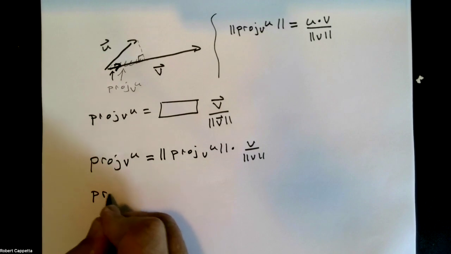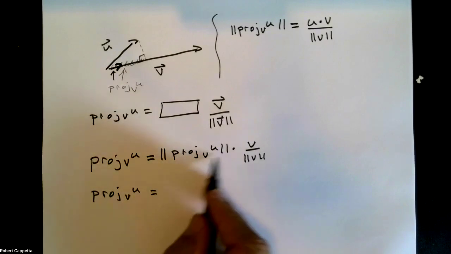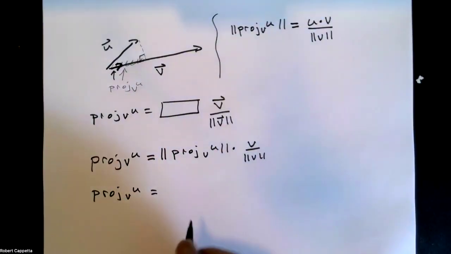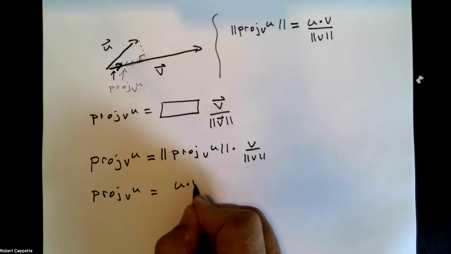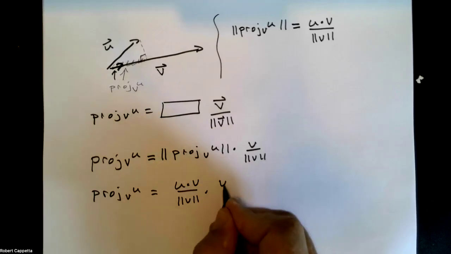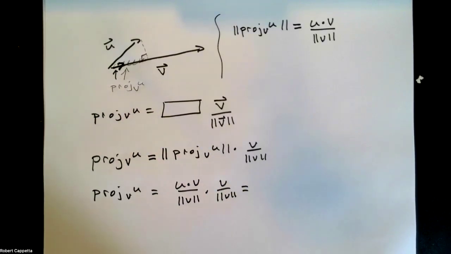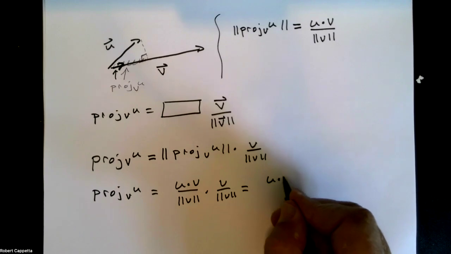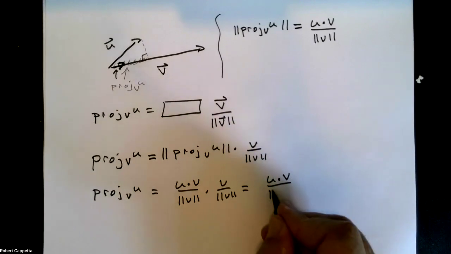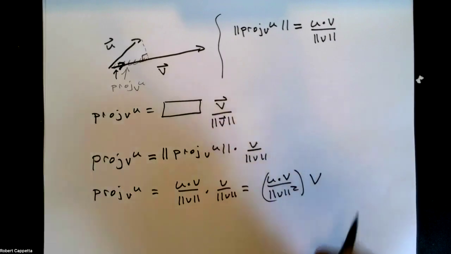So finishing this off then, I get the projection of u onto v is what? The magnitude of the projection of u onto v is u dot v over the magnitude of v, times v over the magnitude of v, which is u dot v over the magnitude of v squared, times v.